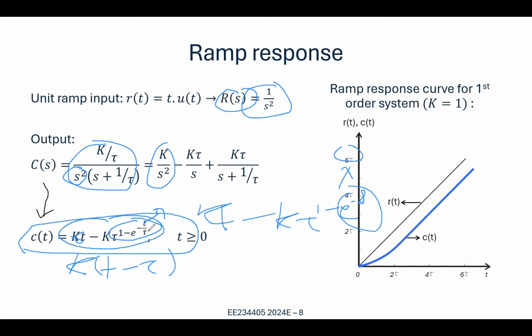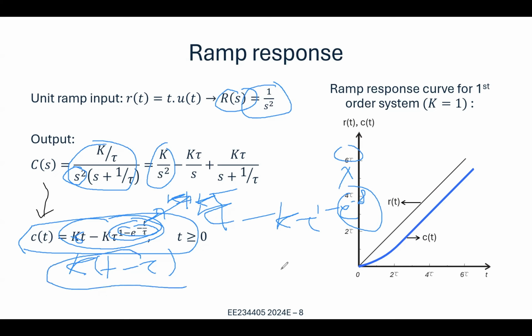At time 0, this part here is 1 minus e to the 0, so 1 minus 1, which is 0, and this would be kt minus k tau.